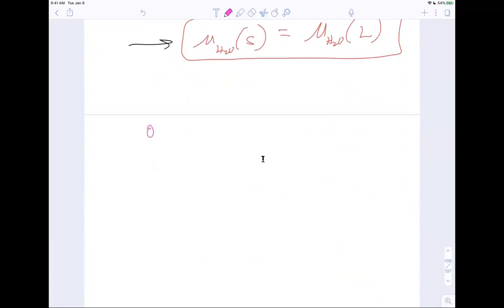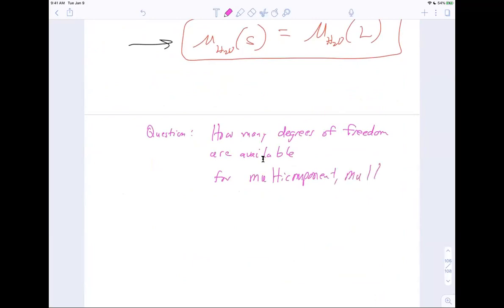So the question: how many of what I'm going to call degrees of freedom are available for multi-component, multi-phase systems?